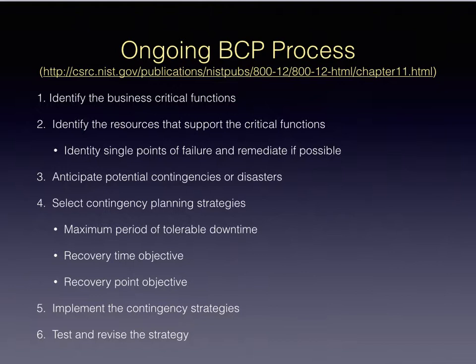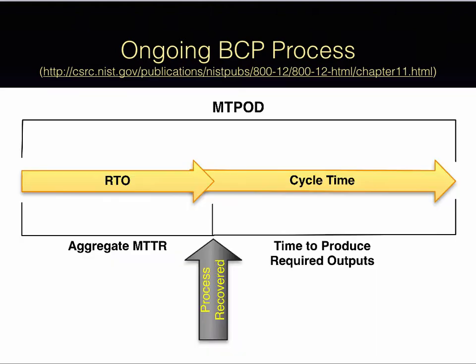And when we look at that, we have to look at two different things. We have to look at the recovery time objective and the recovery point objective. When we recover a system, there is still some cycle time that is required to bring the business processes supported by that system up to the point where they were at the point of failure, or when the business continuity event occurred.